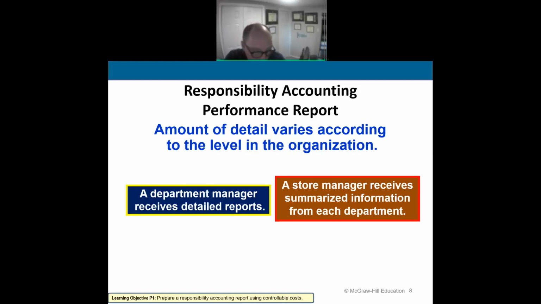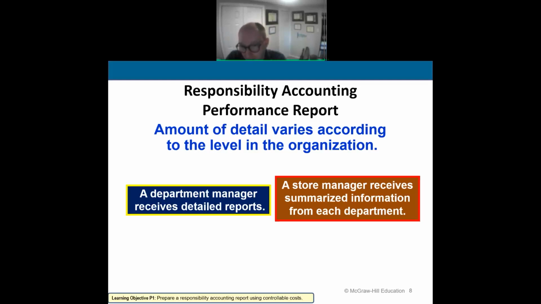What does that mean? Think of your income statement. We have revenues, cost of goods sold, gross profit, expenses, net income. That's your income statement.